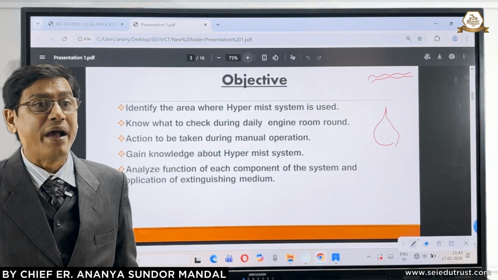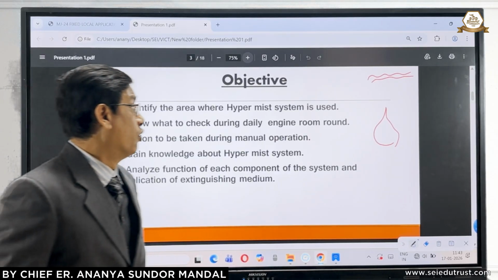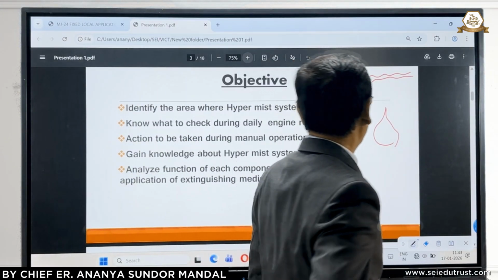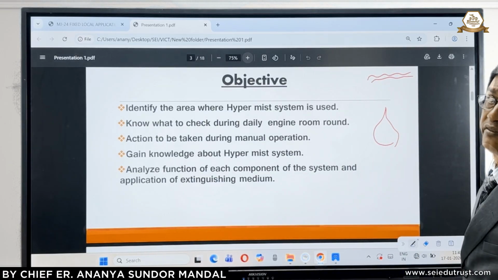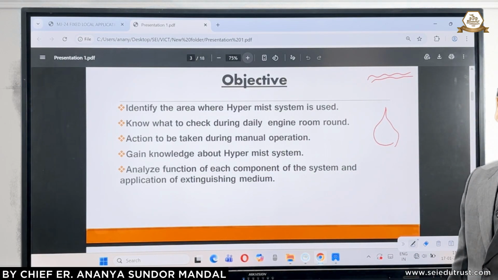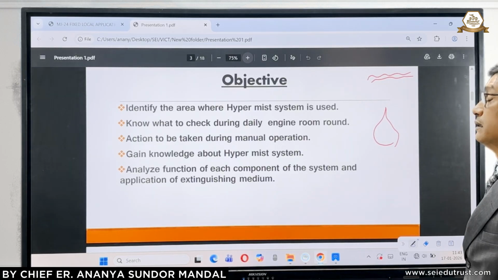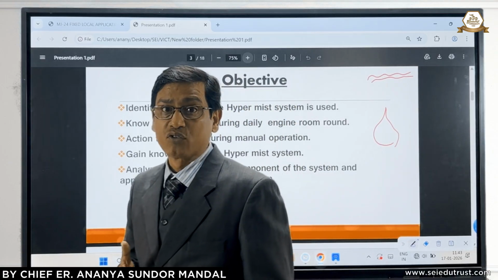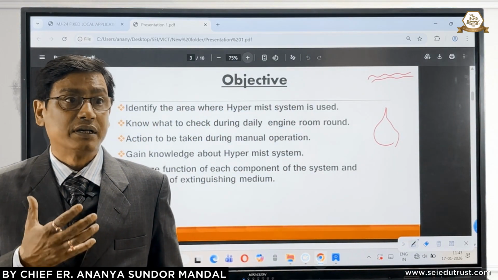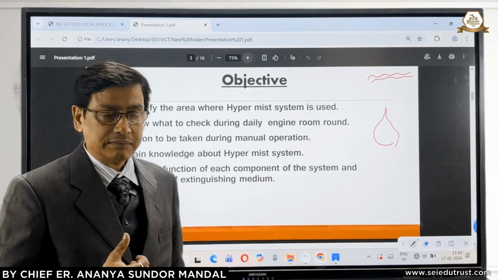So it absorbs a massive amount of heat from the top of the fire and converts to vapor. Initially, it will give a cooling effect because it converts to steam.